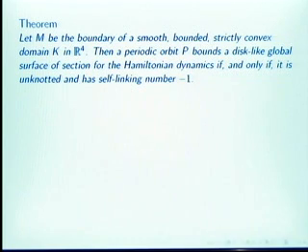So here's the theorem. The boundary of a smooth bounded convex set in R4 has the following property. A periodic orbit bounds a disk-like global surface of section for the dynamics if and only if it is unknotted and has self-linking -1.